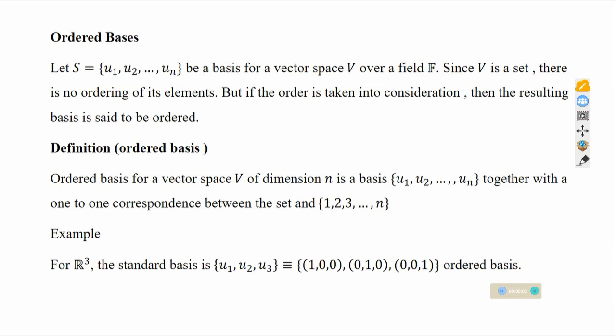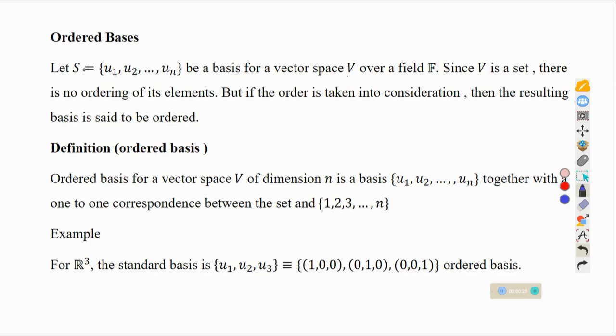Let us now talk about ordered bases. So we shall let S be a set containing vectors u1, u2 up to un. If this is a basis for a vector space V over a given field F, since V is a set, then it means there is no ordering of its elements.